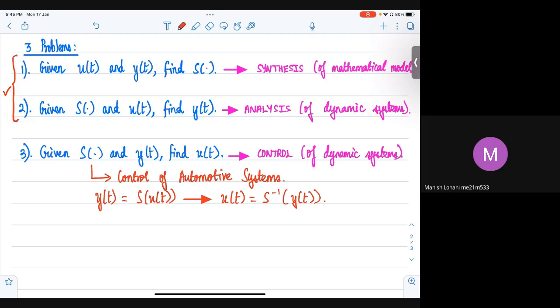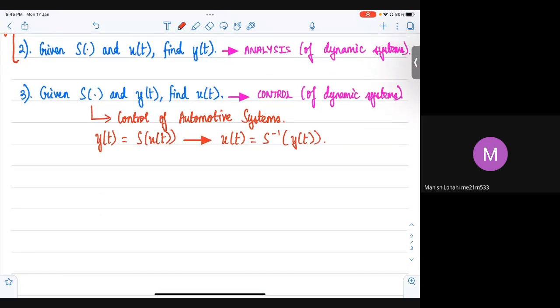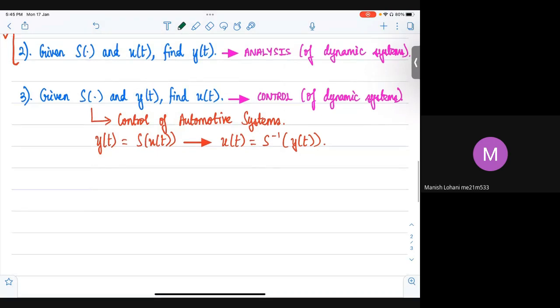Then solving the control problem requires more tools, which we will learn in the subsequent course. So that's how this course is structured.